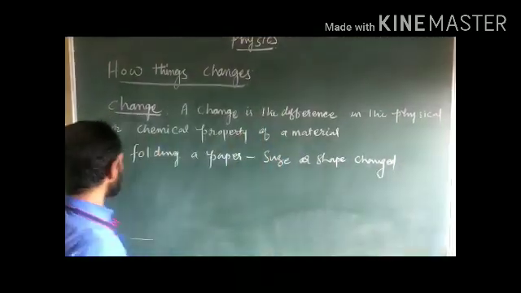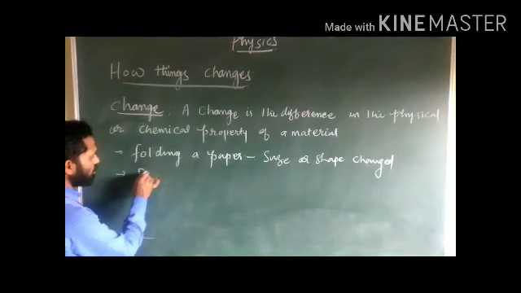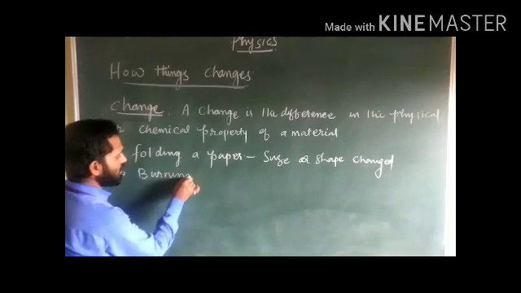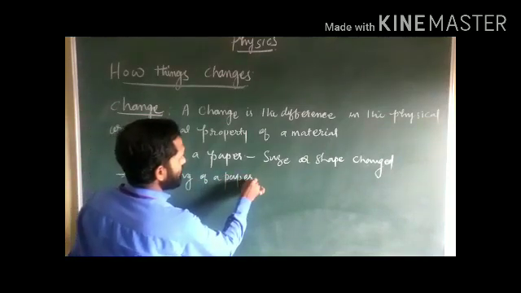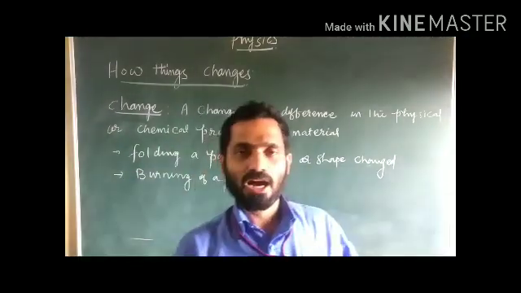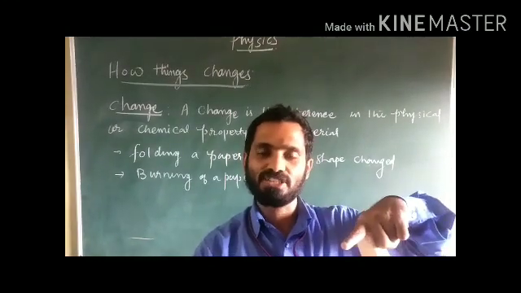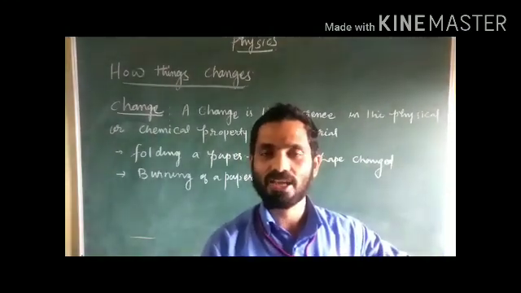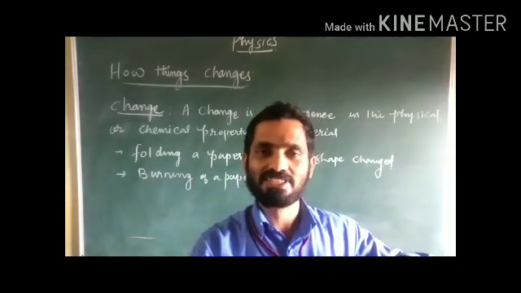Another one, students, is the burning of a paper. After burning, what will happen, students? After burning, the paper material itself will change into ash. We are getting black color ash there. So the material itself is changed.